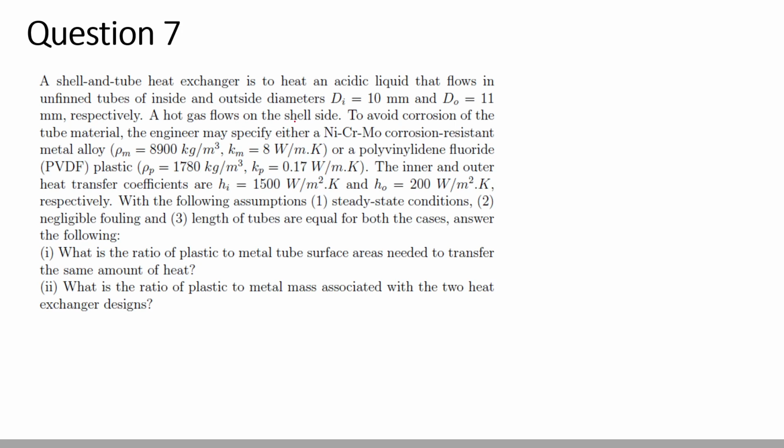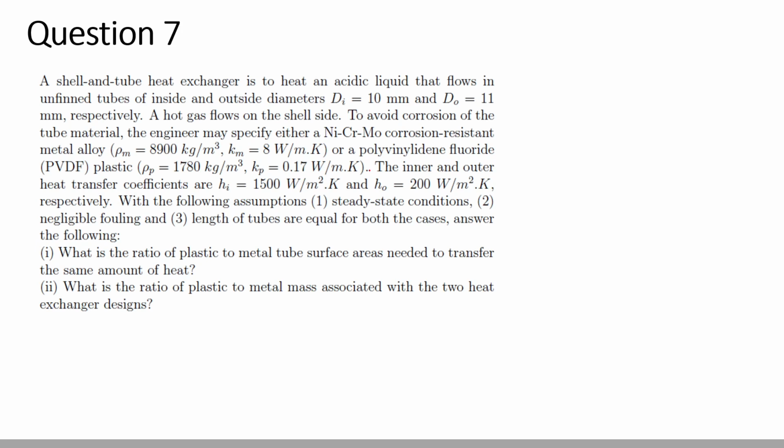A hot gas flows on the shell side. To avoid corrosion of the tube material, the engineer may specify either a nickel chromium molybdenum corrosion resistant metal alloy with the given properties or a polyvinyl fluoride plastic with the given properties.